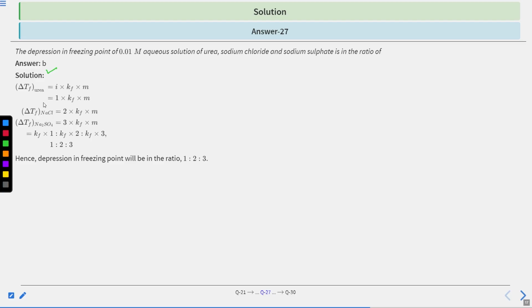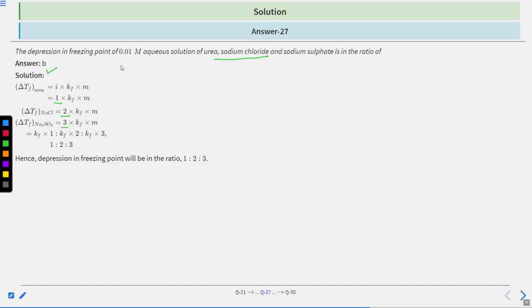And for ΔTf of NaCl solution, we have i value as 2, because for sodium chloride the van't Hoff factor is 2, into Kf into m. m we have taken the same for urea, NaCl and Na2SO4. i is changing. For urea it is 1, for NaCl it is 2, and for Na2SO4 it is 3.